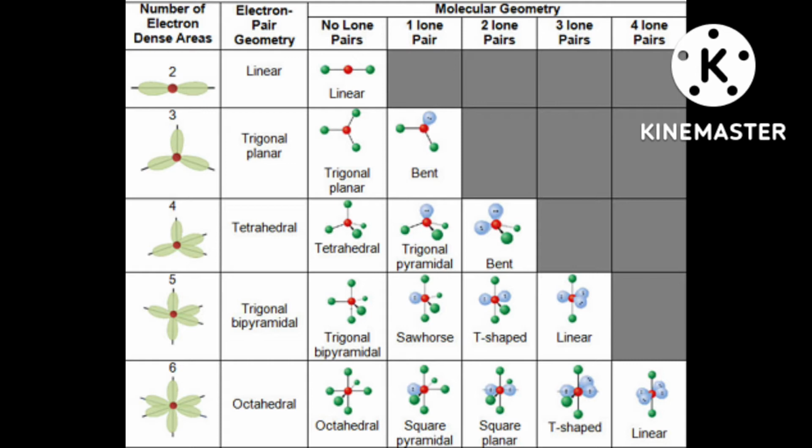Each bonded pair is shared between two atoms. As a result, the lone pair electrons in a molecule occupy more space as compared to the bonding pairs of electrons. This results in greater repulsion between the lone pairs of electrons as compared to the lone pair-bond pair and bond pair-bond pair repulsion.